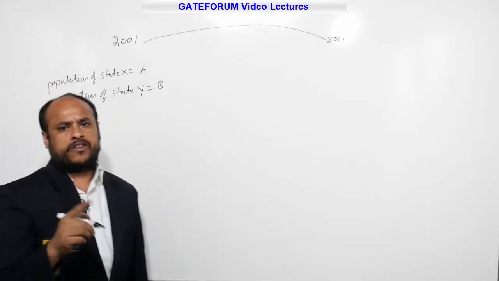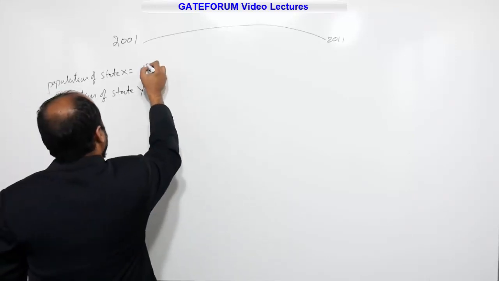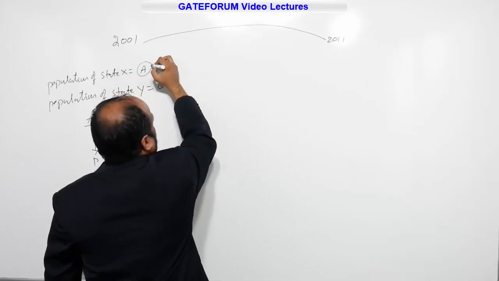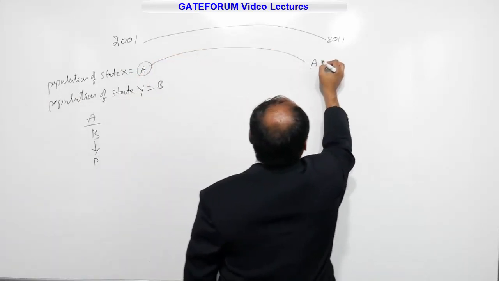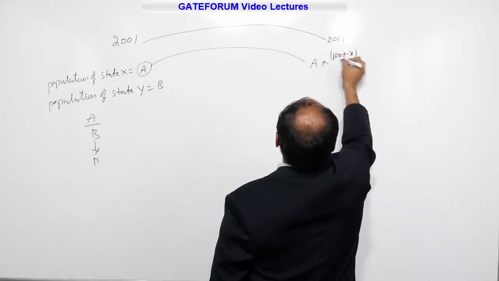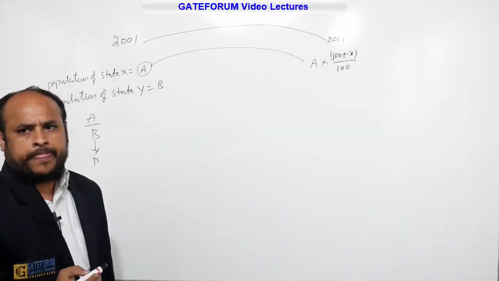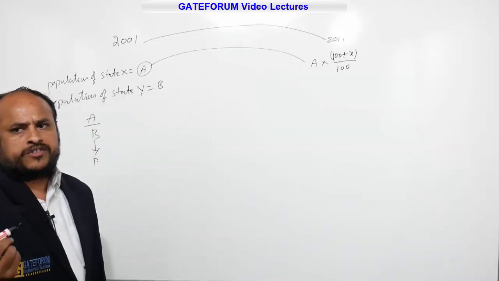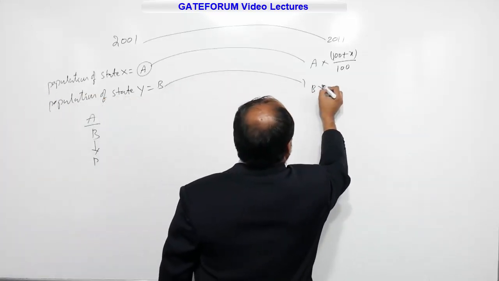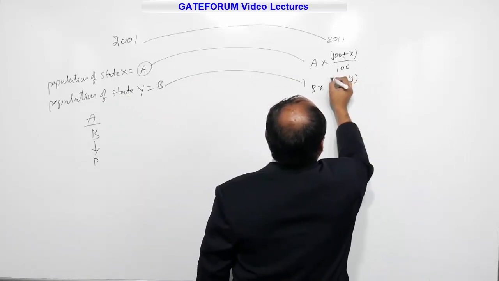Now one statement is given: the population of state X increased by X% from 2001 to 2011. So I will write A into 100 plus X by 100, since an X% increase means 100 plus X by 100. Now what about the population of state Y? It increased by Y%, which means the new value is B into 100 plus Y divided by 100.